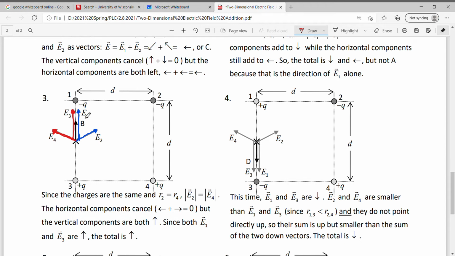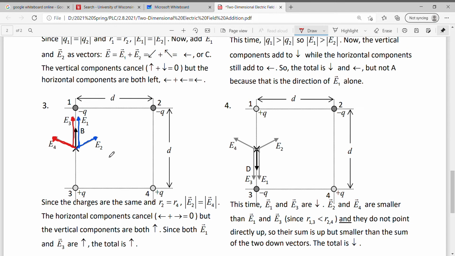So the sum of E1 and E3, we can tell that it's pointing up, because both E1 and E3 point up, right? For E2 and E4 here, we have to consider, do they have the same magnitude, and a symmetric direction?